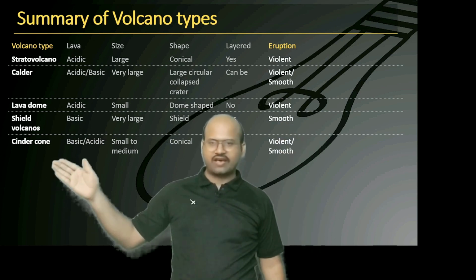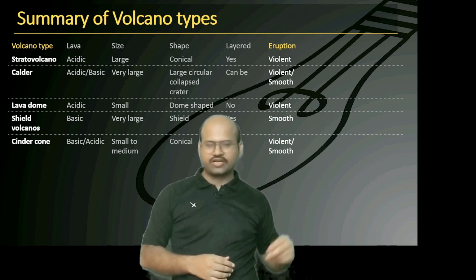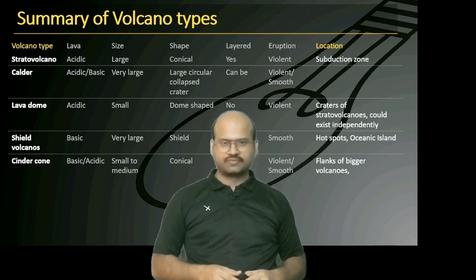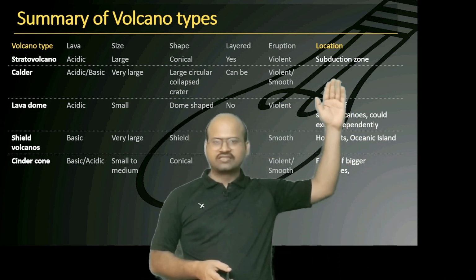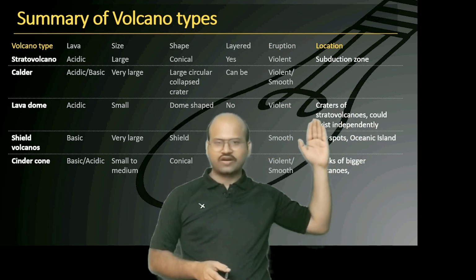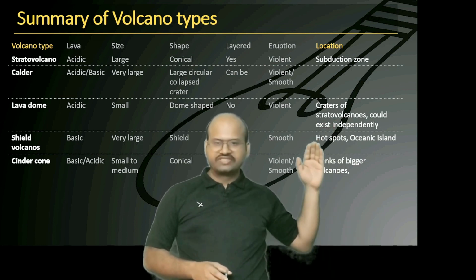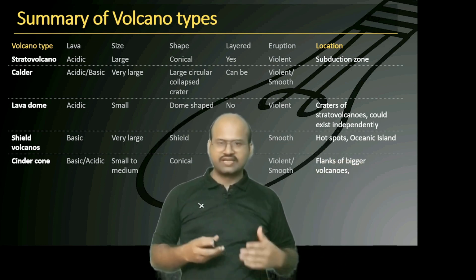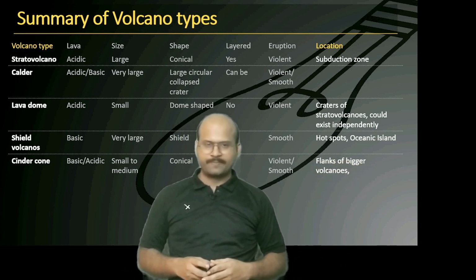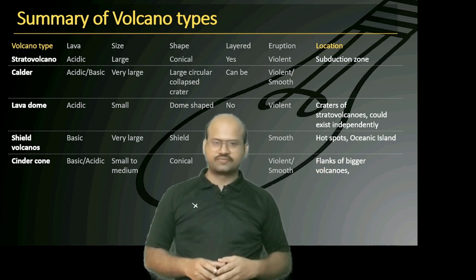Cinder cones have basic or acidic magma, therefore they could be violent or smooth eruption based on the type of magma. If we see the location, stratovolcanoes are generally formed along the subduction zones. Lava domes are formed in the craters of other volcanoes. Shield volcanoes are generally created on hotspots or oceanic islands because they are formed by basic magma. And cinder cones are formed on the flanks of bigger volcanoes.